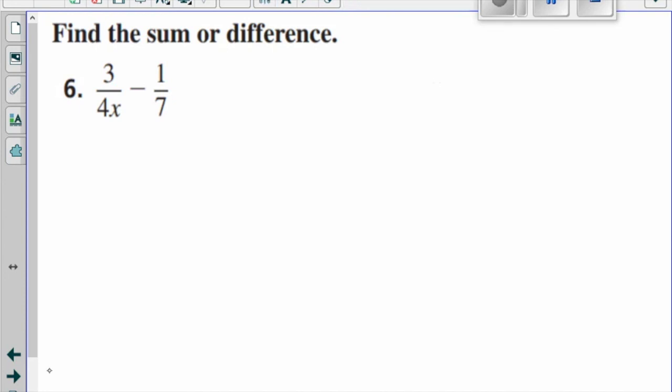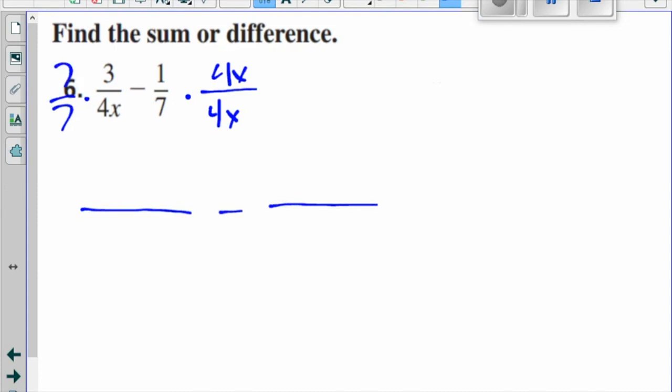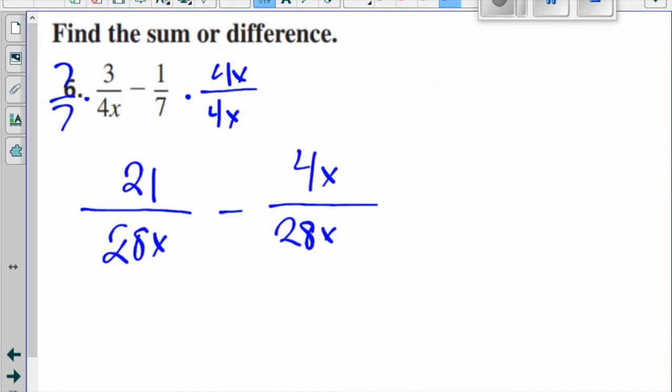Yeah, no. I mean, we could do this here, but really, what we would be doing is I'd multiply this by 4x over 4x. This one by 7 over 7. Is to get 28x over 4x and 21, which would give us negative 4x plus 21 over 28x.